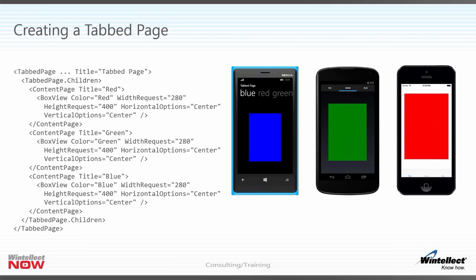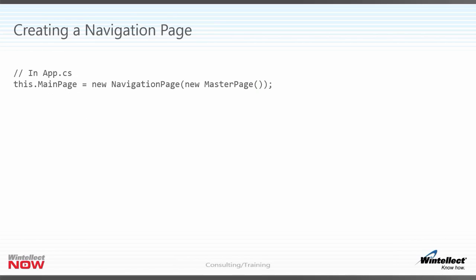Now here's a quick look at what a tabbed page looks like and how it renders out on different platforms. You can data bind these tabbed pages, by the way, or you can declare items in them or children statically, as I've done here. What I've done is declared a tabbed page, and I've added to its children property 3 content pages containing the content that I want the user to see. If you look at the Windows Phone version of that here, it is rendering out a pivot control.